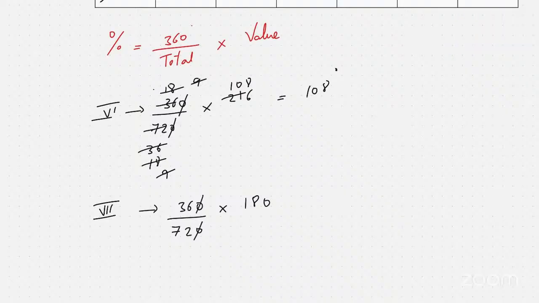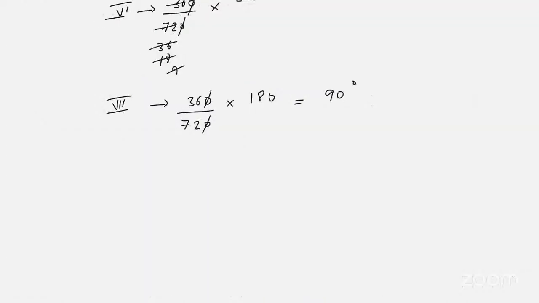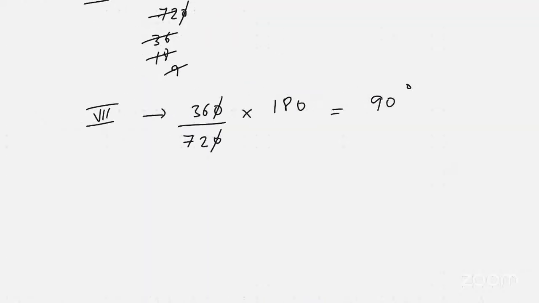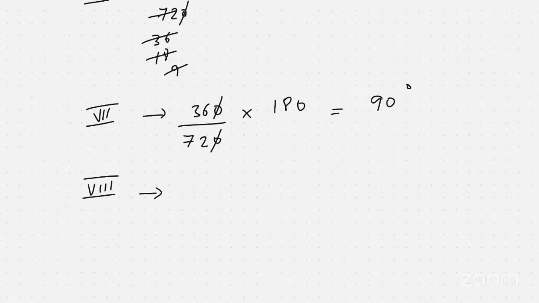Okay, 90 degree. Next, 8th class: 360 by 720 times 150, 75 degree.